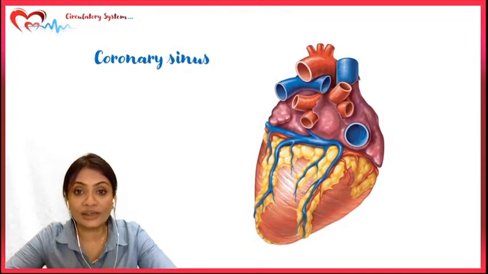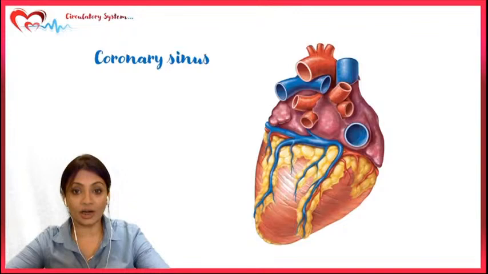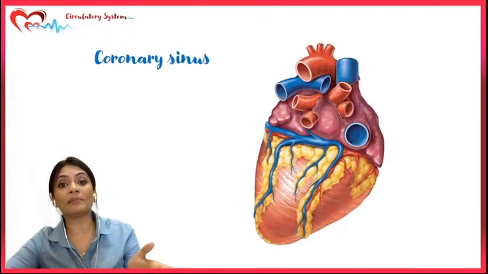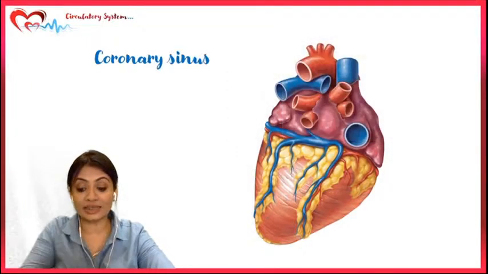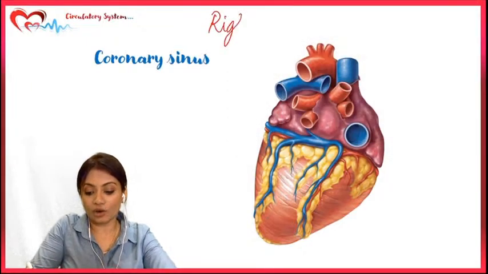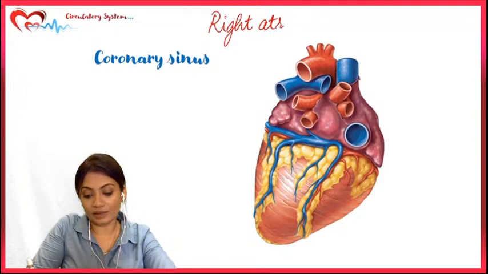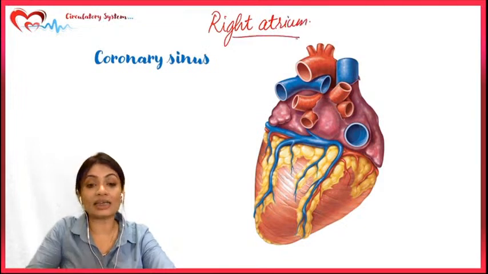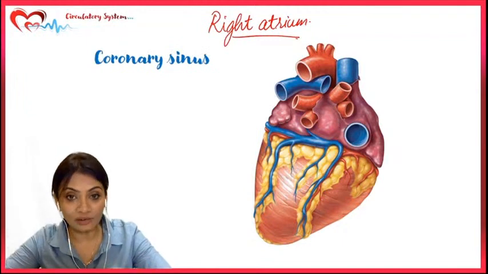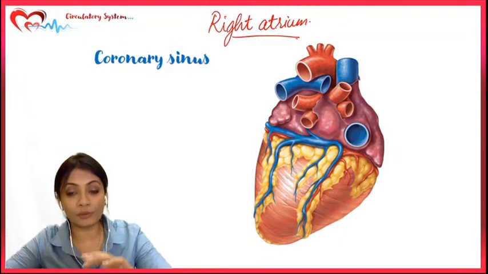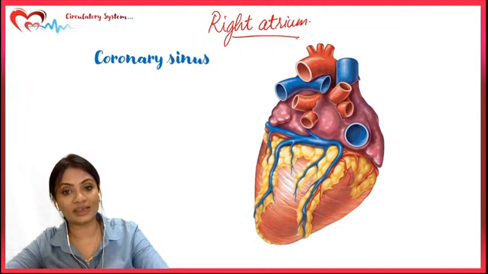It takes all the deoxygenated blood of the heart and puts it inside the right atrium. Which atrium? The right atrium, because today we will be learning about that. In the right atrium, deoxygenated blood from all parts of the body collects.